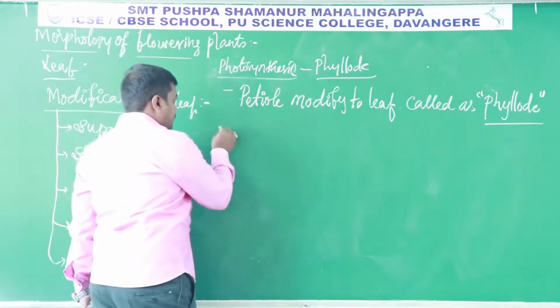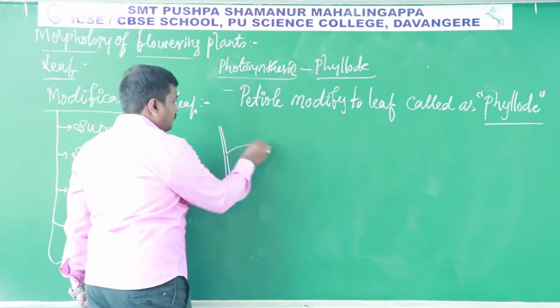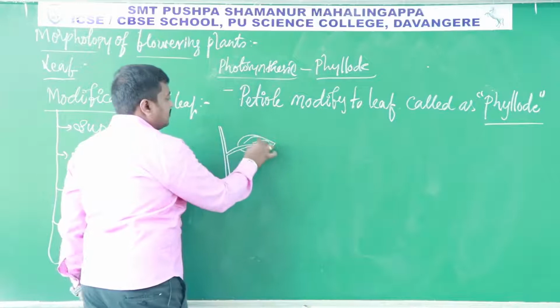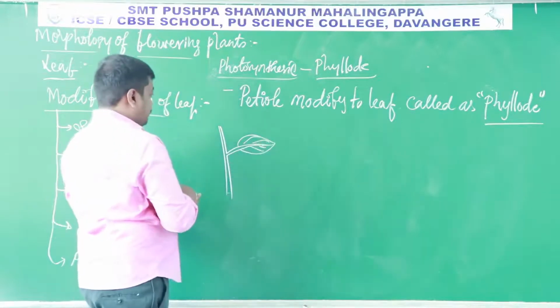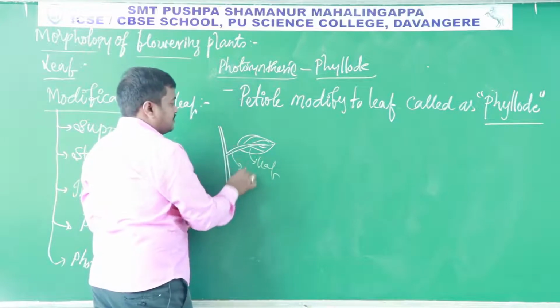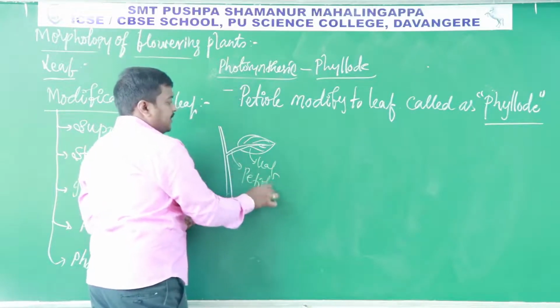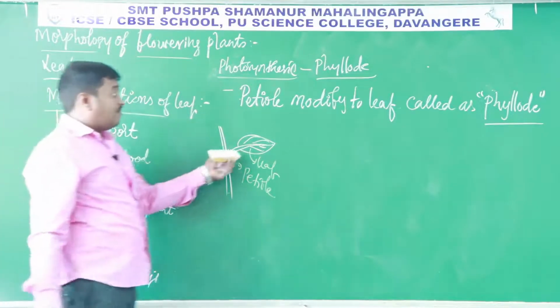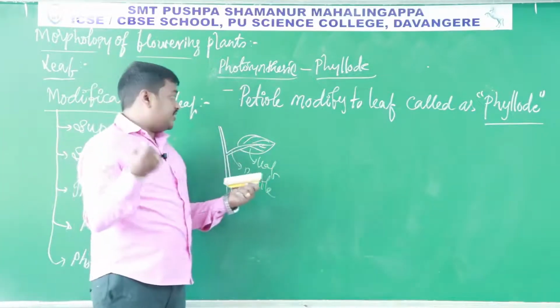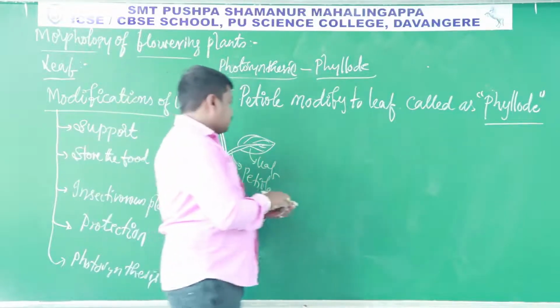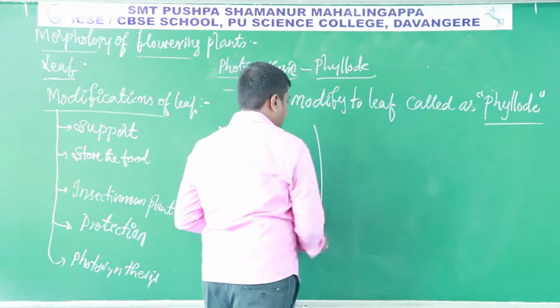Now, what is petiole? Petiole is the stalk of a leaf. So this is the leaf, and here is the petiole. But in one plant, the leaf falls at a very early stage, but the petiole is modified to leaf there.